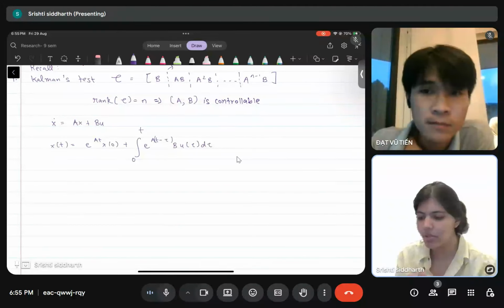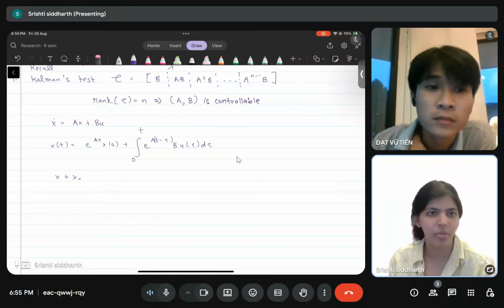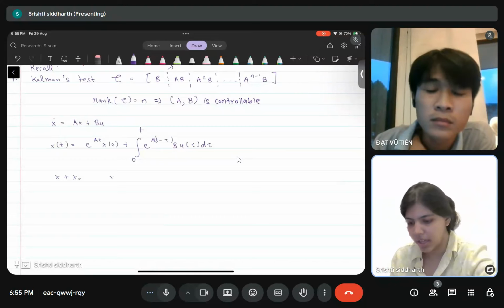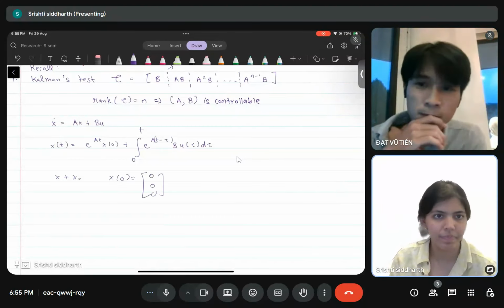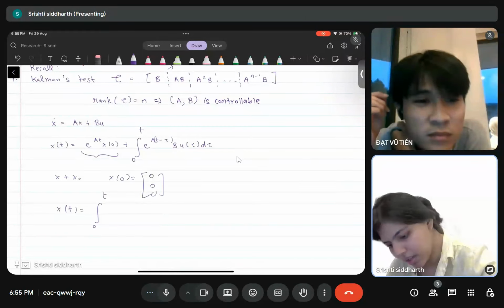For linear systems, you can add any two states, right? That's why it's linear. So we can always assume that we're starting from some initial condition, x0 equals 0, 0, 0, let's say for our third order system. So then this becomes 0. So x of t is simply 0t.